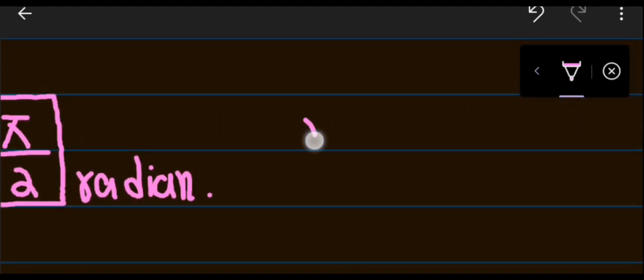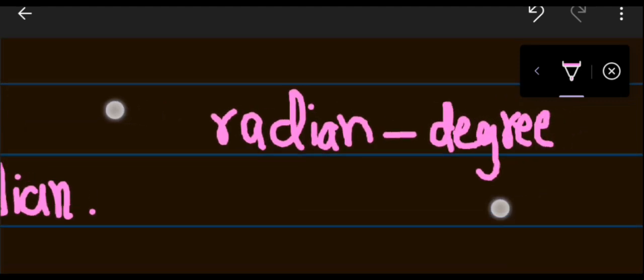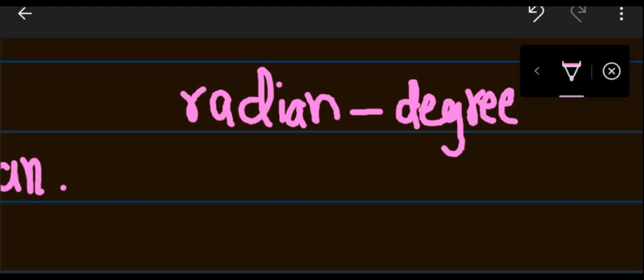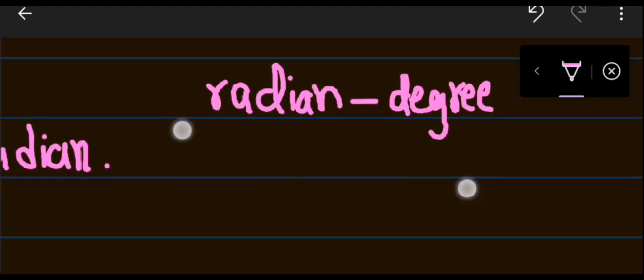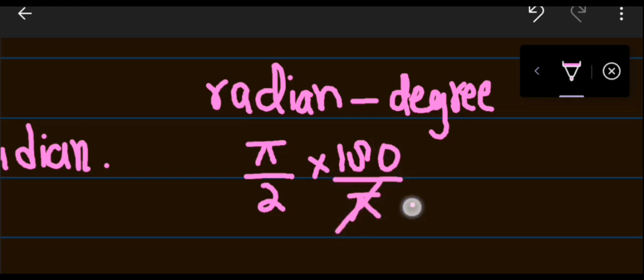As we all know, to convert anything from radian to degree, we multiply by 180 upon pi. I have the equation pi by 2, and now I will multiply this by 180 upon pi. So pi cancels with pi.